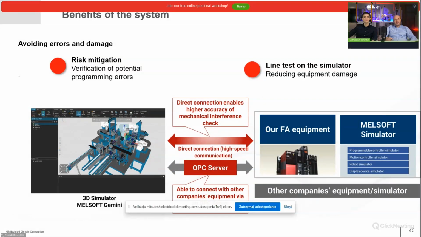So when you have the possibility to check all of the programs, there is a great opportunity for risk reduction, so that you will not make mistakes and damage some mechanical part, which we know is the most costly. That is a big cost.